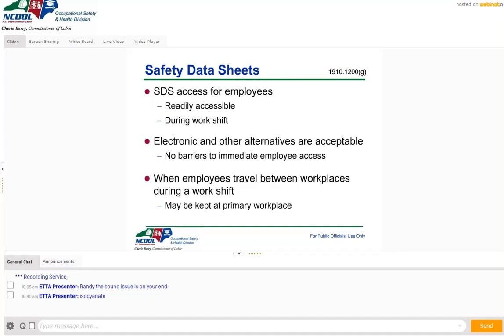So if you're performing first aid at your company and you need information from the safety data sheet, about how quickly do you think you should be able to get that information? I'll let you type that in. How quickly should you be retrieving the information? Okay, Jeff, that's a good answer. 5 minutes.